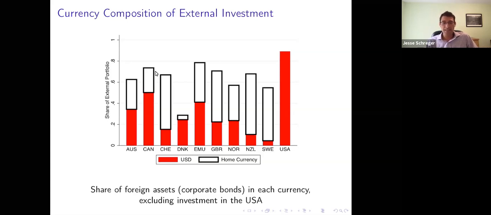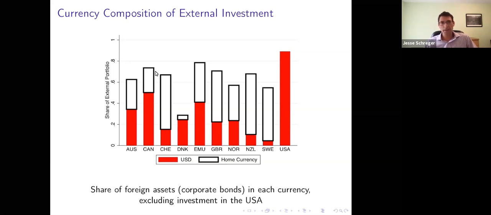Very little is in any third currency. Importantly, this excludes any investment in the United States. So overwhelmingly, when each of these countries buys a security abroad, it does so either in its own currency or in US dollars.